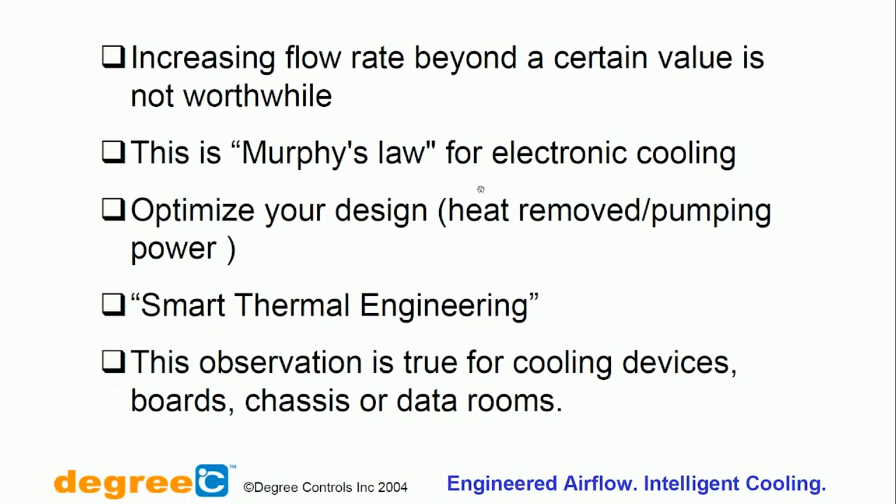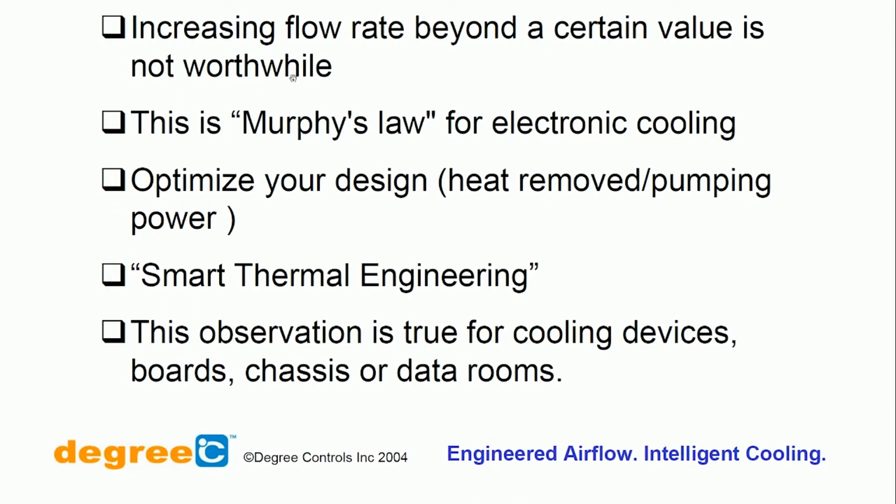Murphy's law for electronic cooling: optimize your design, heat removed versus pumping power, smart thermal engineering is true for devices, boards, chassis or data rooms. Cooling devices, you would have noticed long ago, the chips themselves, we have a little problem with the chips.